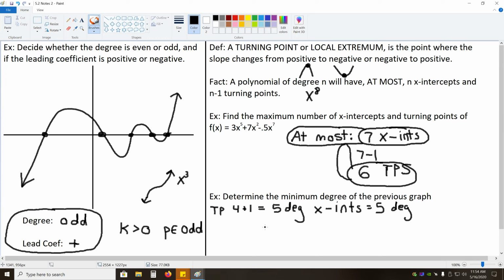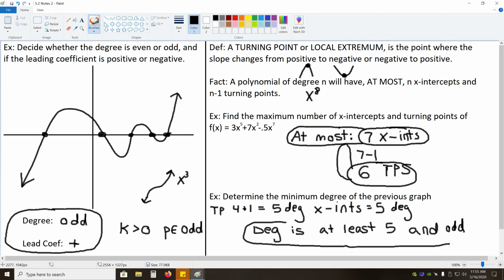So we can say the degree is at least 5 and odd. Because from what we did earlier with that graph, we knew the degree had to be odd since the end arrows went in opposite directions.